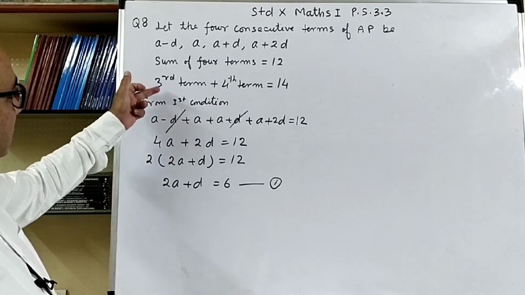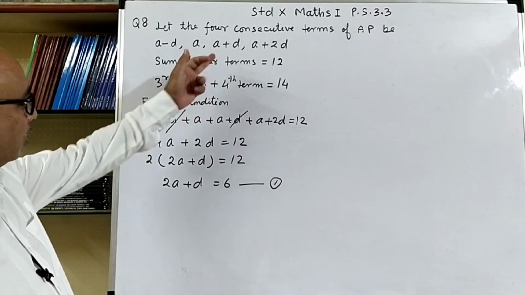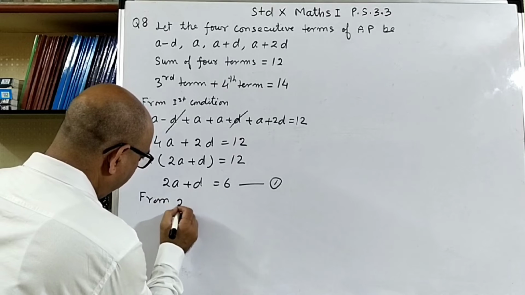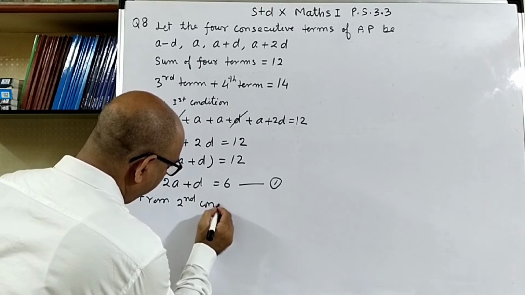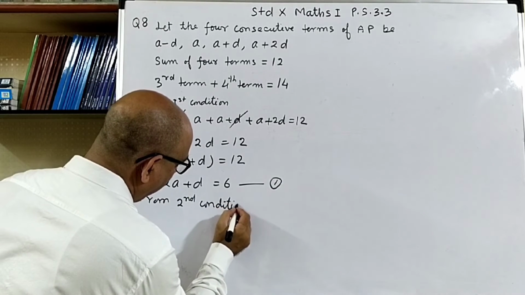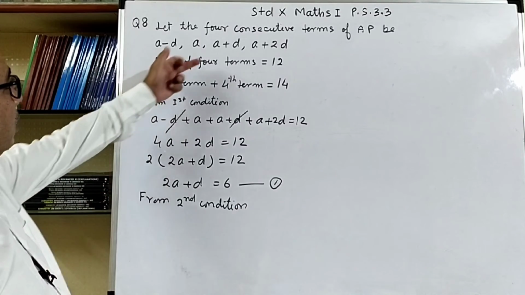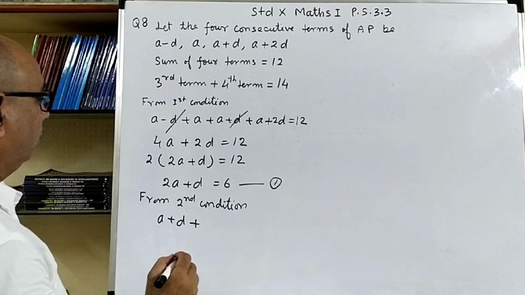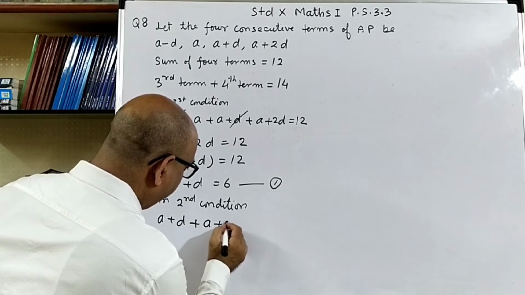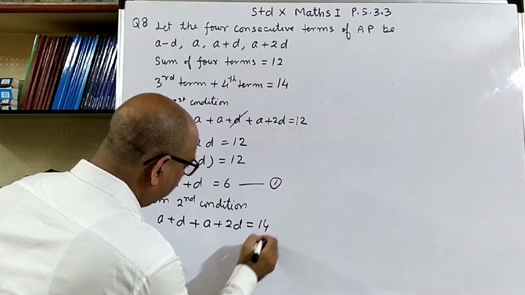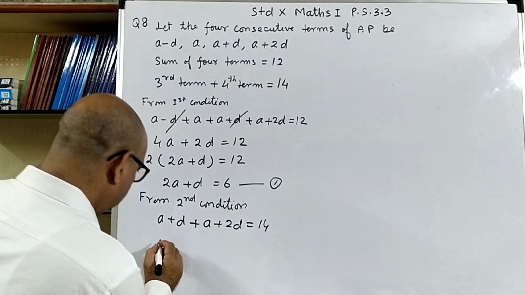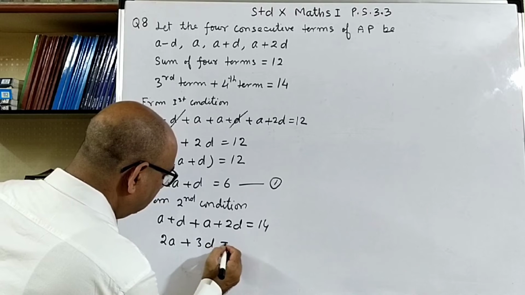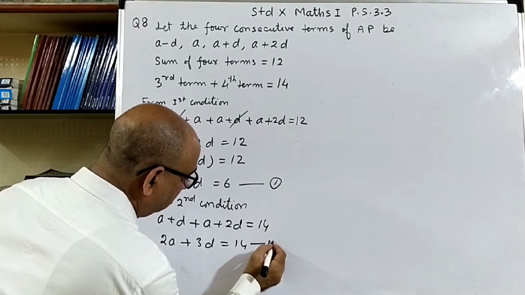And from the second condition, third term plus fourth term. Third term, that means A plus D, and fourth term is A plus 2D, which is equal to 14. A plus A is 2A plus 3D, which is equal to 14.